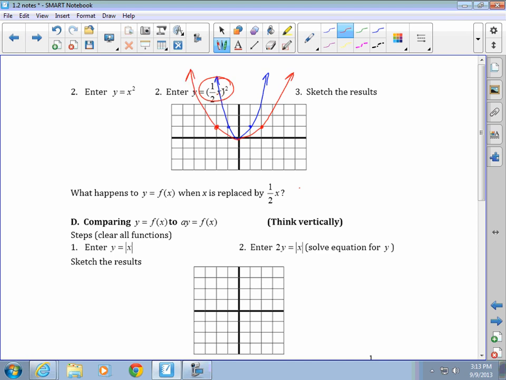The origin's the same, because if you substitute a 0, you're still going to get a 0. We're doubling that x value, but the y value stays the same. Normally it would have been at (2, 4) on the blue graph, but on the red graph it would be at (4, 4).